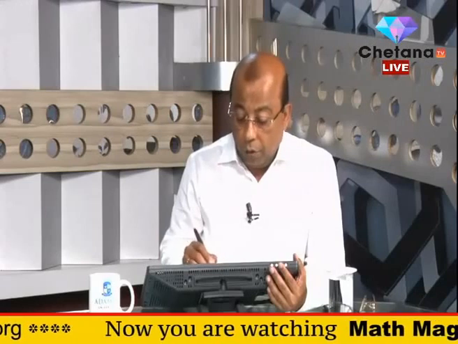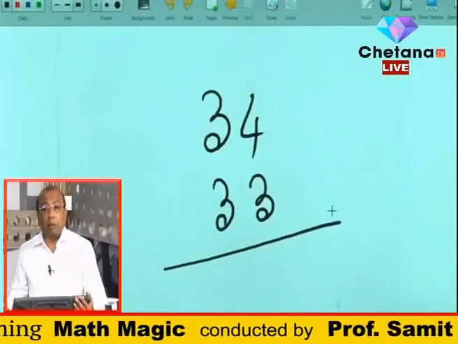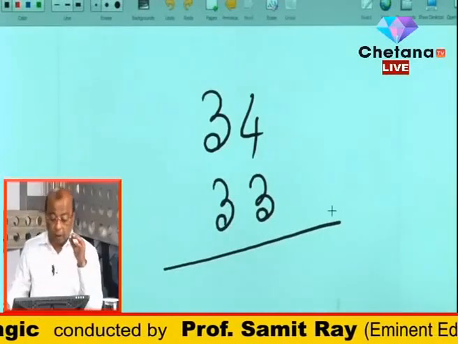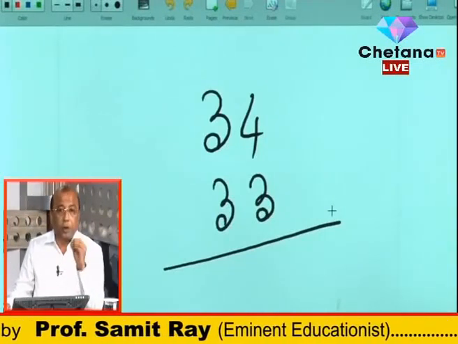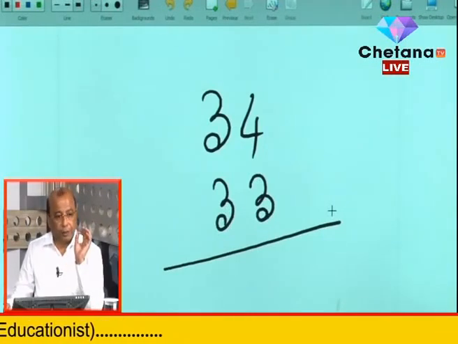Again, we will take another example: 34 into 33. When we start, we will put the figure, but when we become habituated, we will not draw any figure or process.